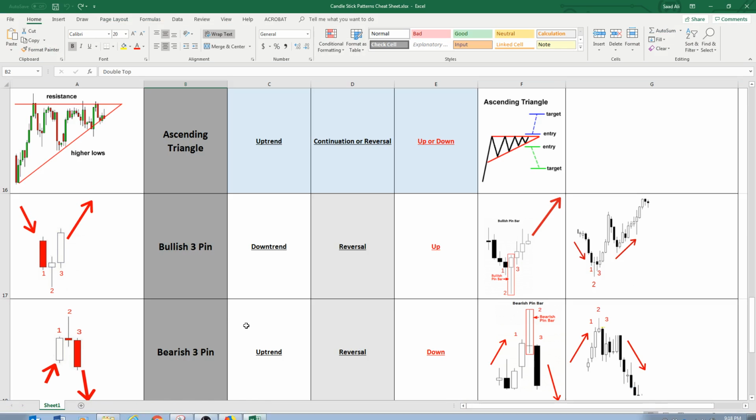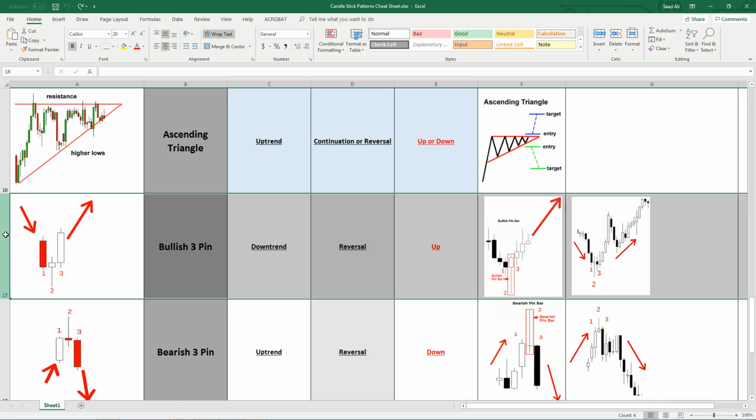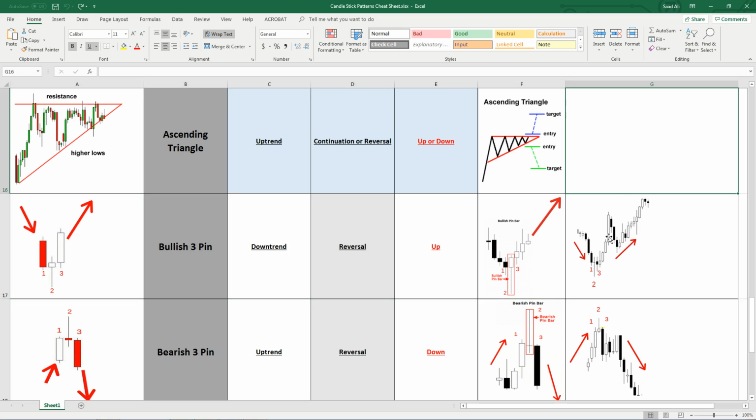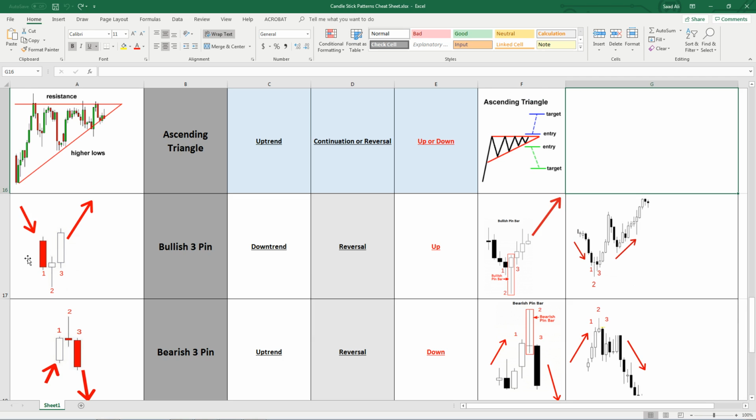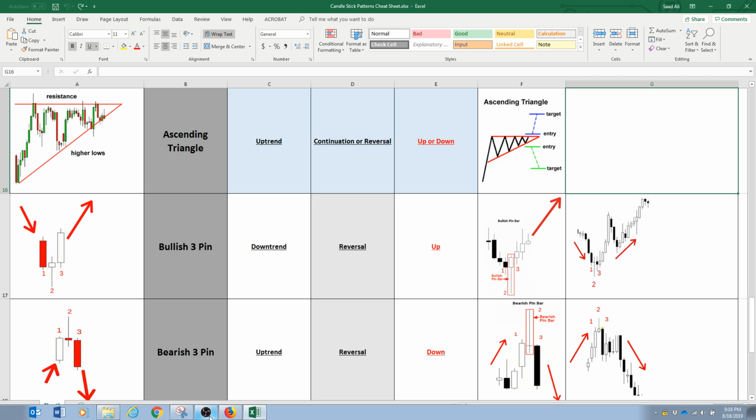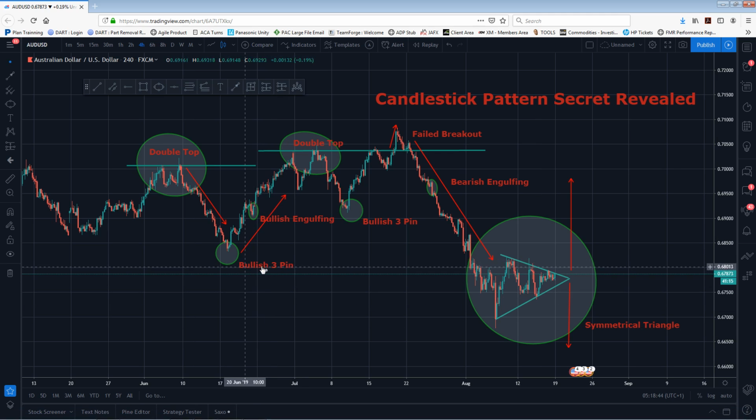Okay, let's go back to this. The next ones I'm going to talk about are some of the most important patterns that I usually look for: reversals. This first one I look for often, let me show you really quick here. This is the 3-pin bullish formation.